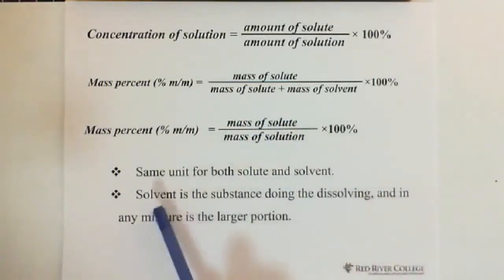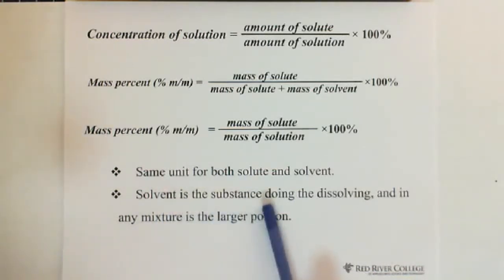The other thing is that solvent is the substance doing the dissolving, and in any mixture it is the larger portion. That lets you identify whether something is solute, solvent or solution.